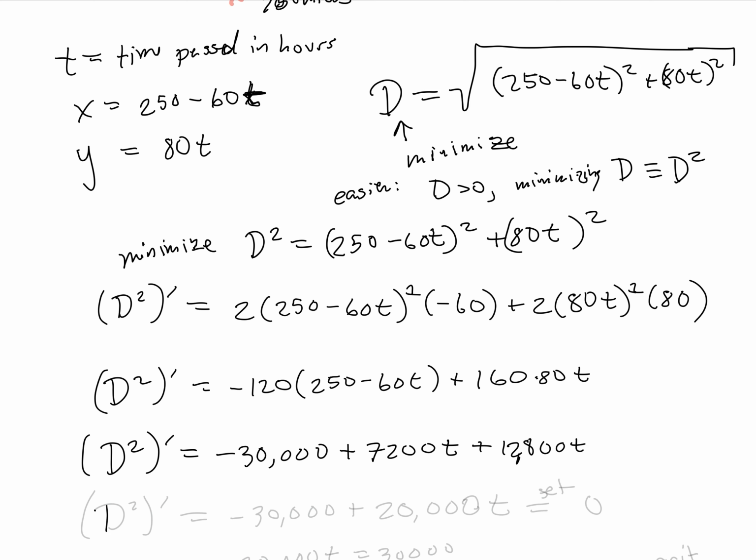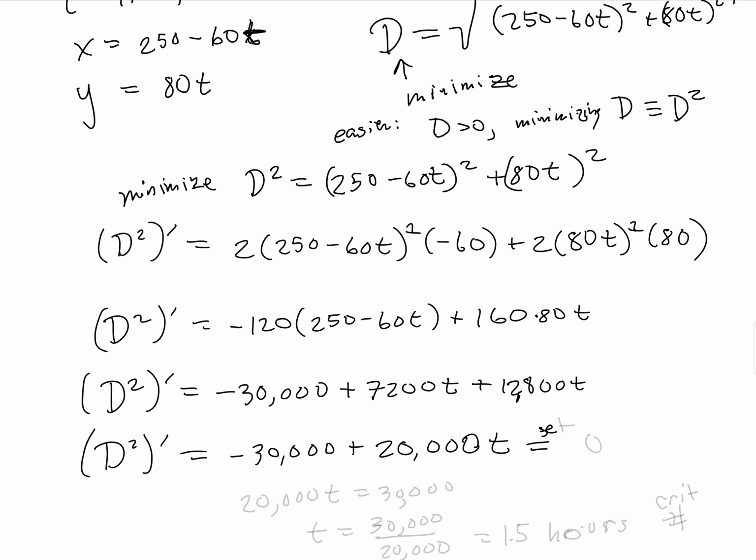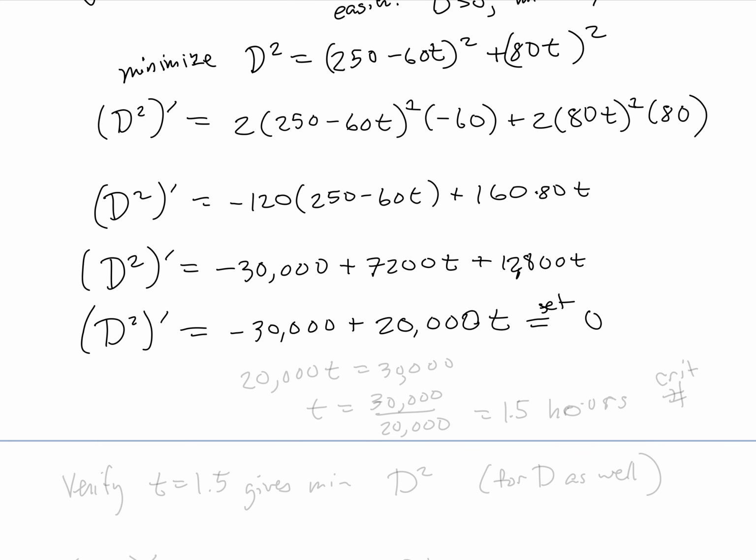And so one more simplification, the derivative of d squared is negative 30,000 plus, that simplifies to 20,000 times t. So now I'm going to set this equal to 0 and solve for t.